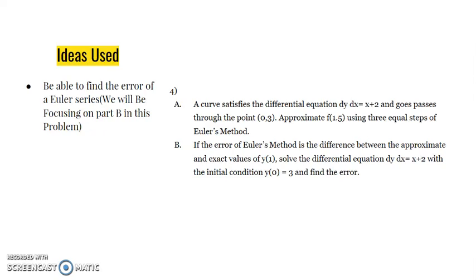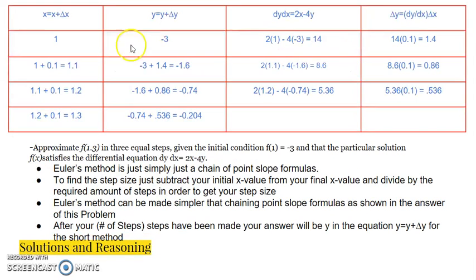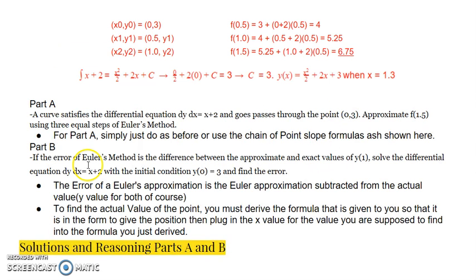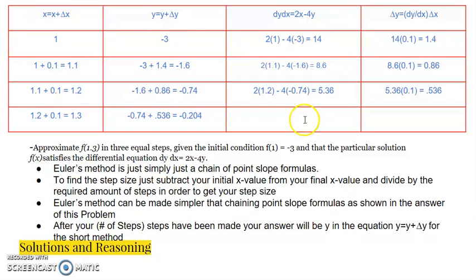So what this is wanting us to do, like before, is to find, given the initial conditions and the dy over dx function, f of 1.5. In this one, we can be using the chain of point slope formulas instead of the simpler version.